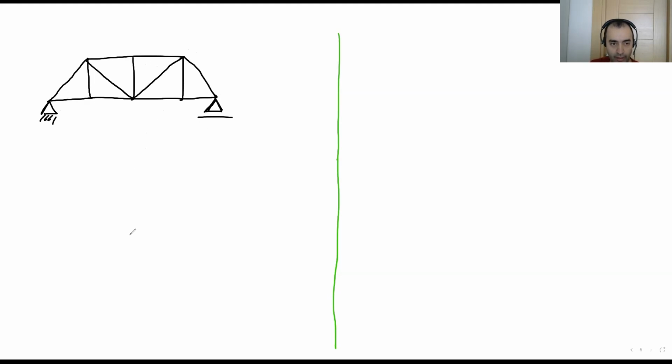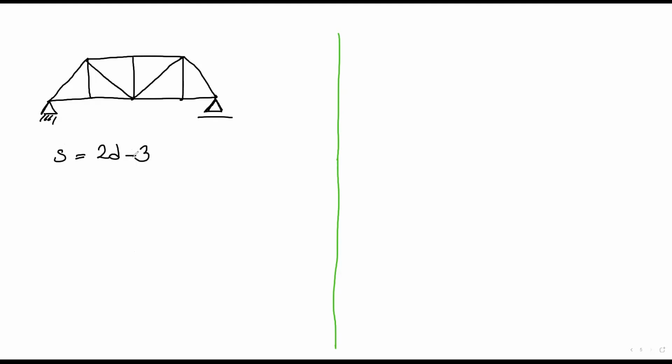To define this truss system, to make a proper truss system, we have to satisfy an equation. The equation is this: S equals 2D minus 3.